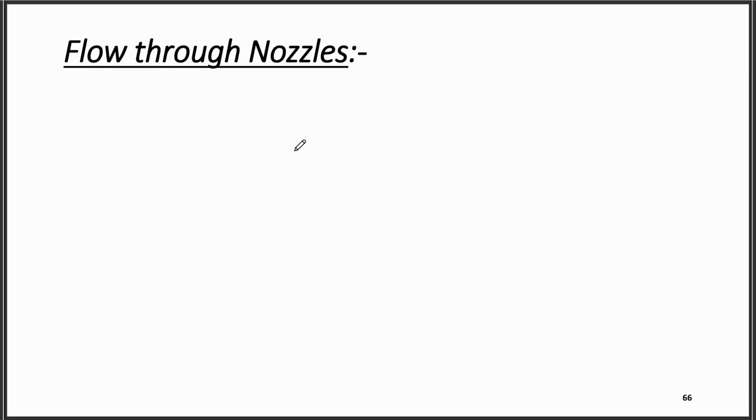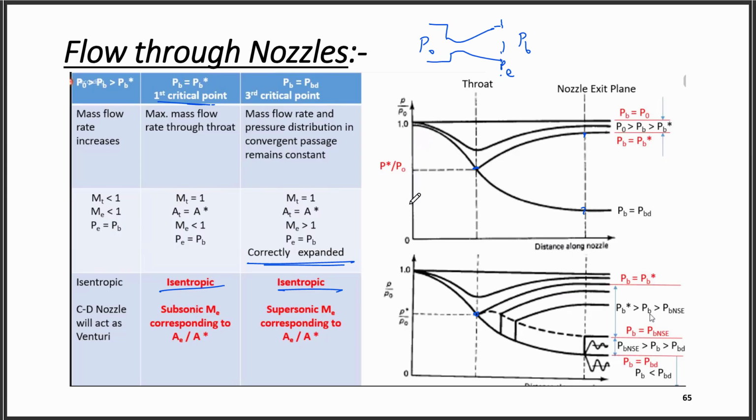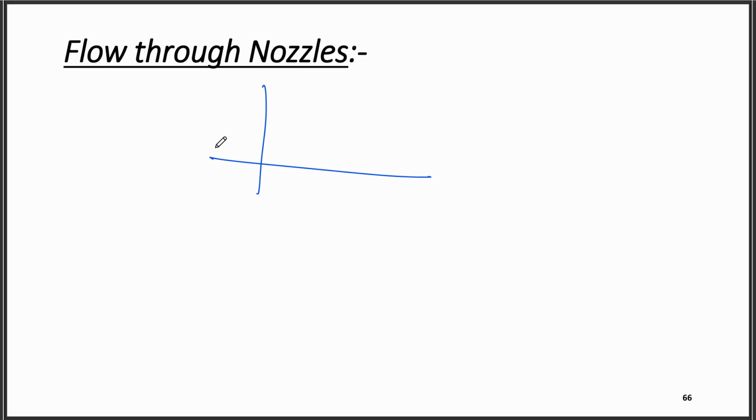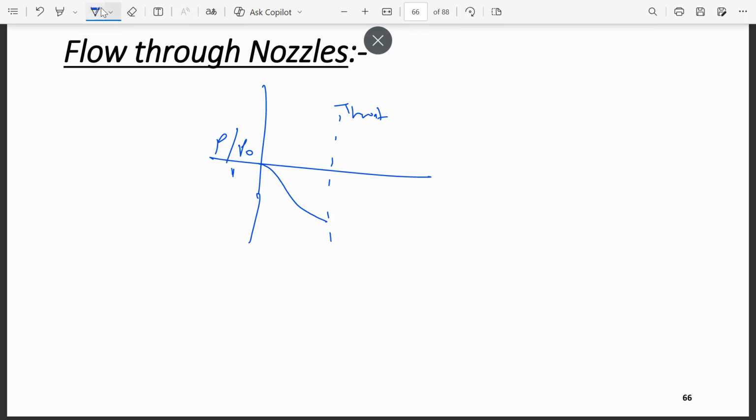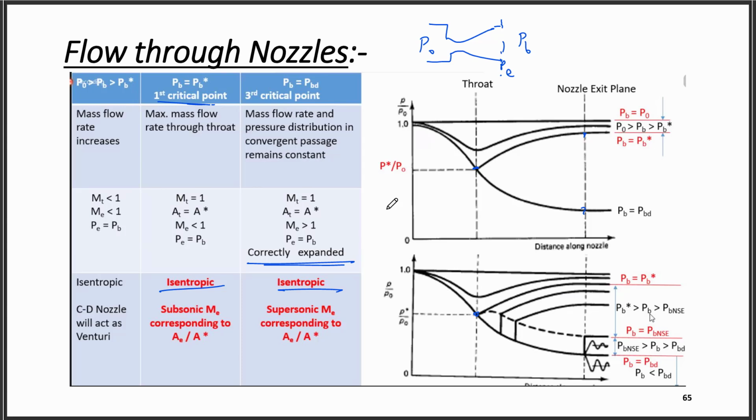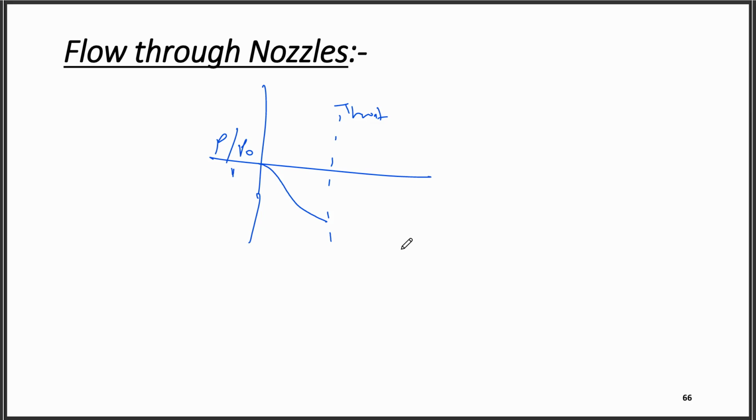So if you see that third critical point, this is P by P naught, one value. This is nozzle, throat, this is exit.